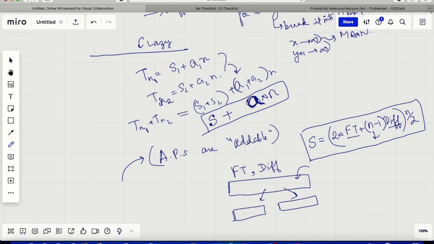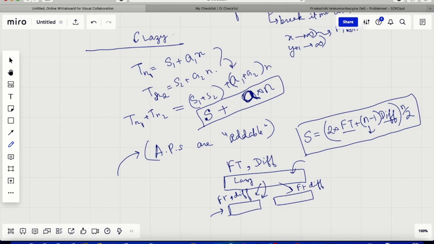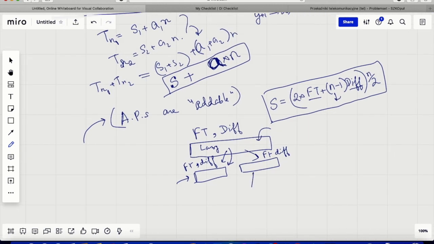Well, we essentially want to find the first term and the diff here, and the first term and the diff here. For the left child, you can just add to the first term and diff variable of this child the lazy values from here. For the right child, the difference value is the same as this difference value, but the first term is different.